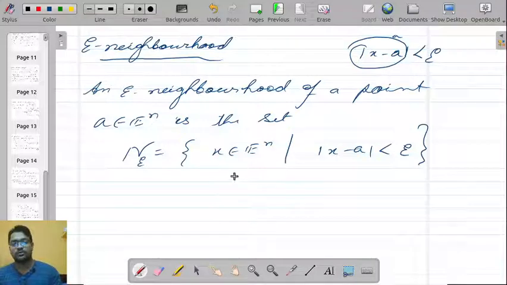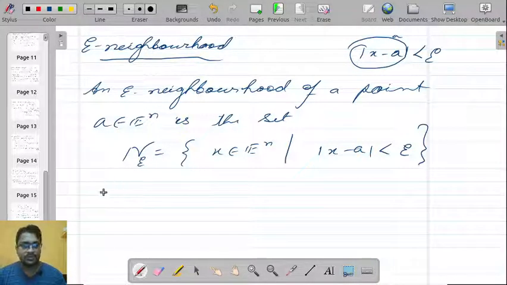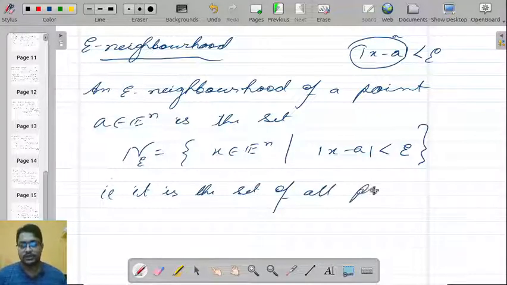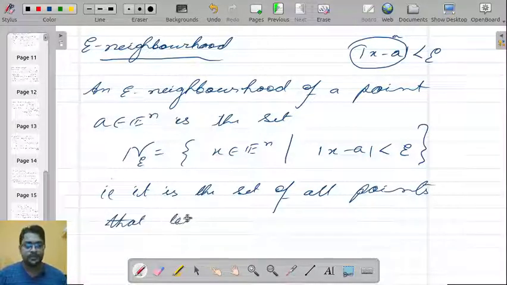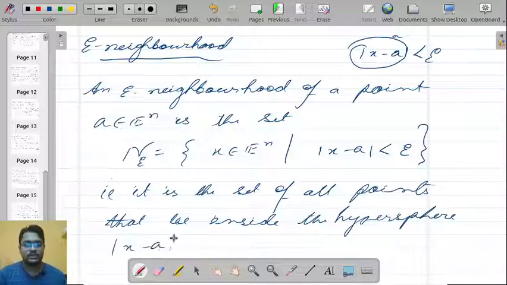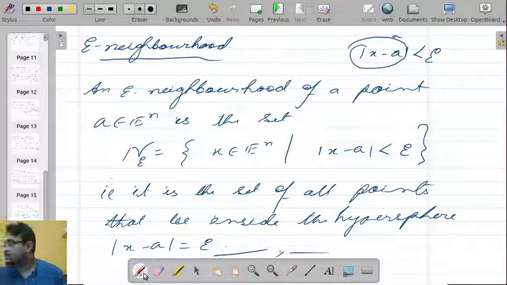So it is the set of all points that lie inside the hypersphere mod of x minus a equal to epsilon.